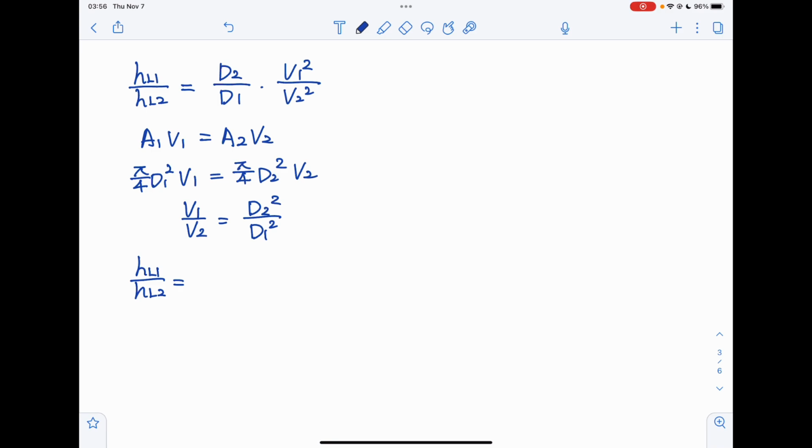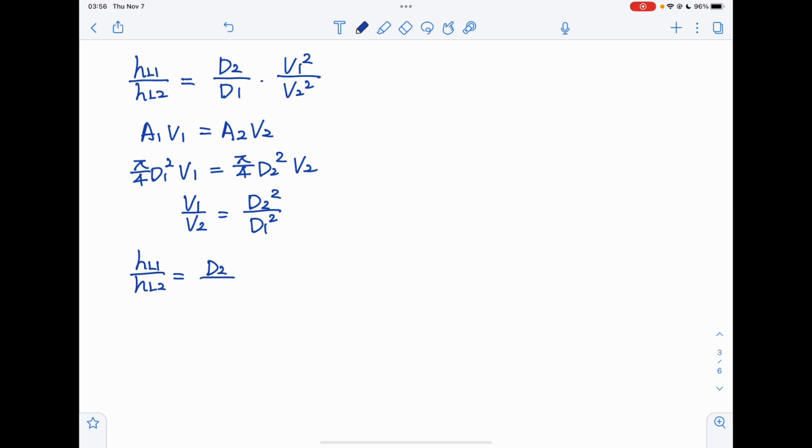HL1 over HL2 is going to be d2 times d1 times d2 squared over d1 squared, and it's the power of 2.